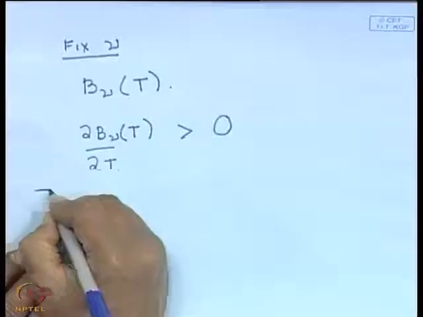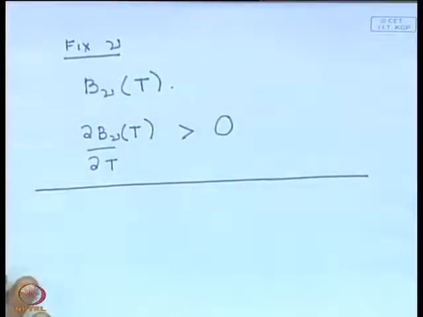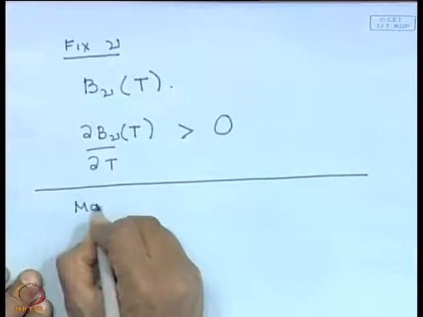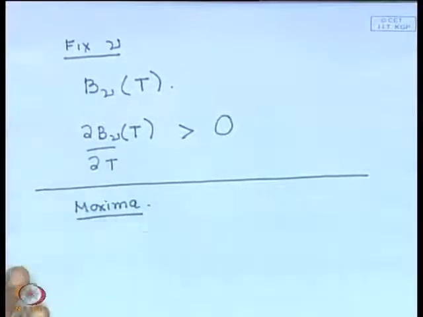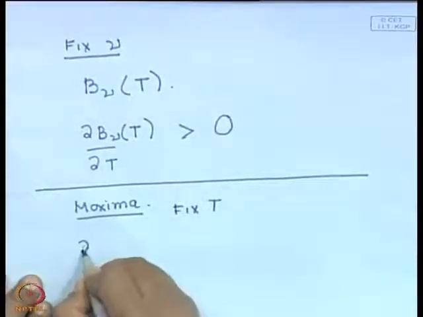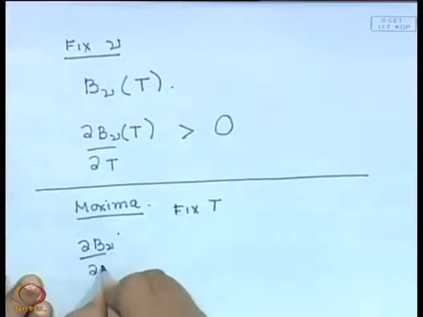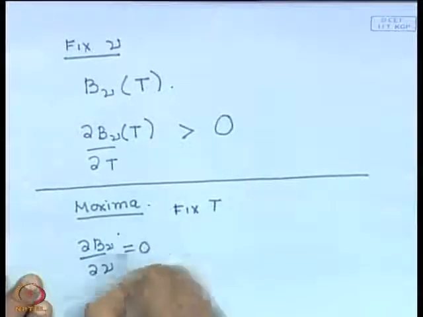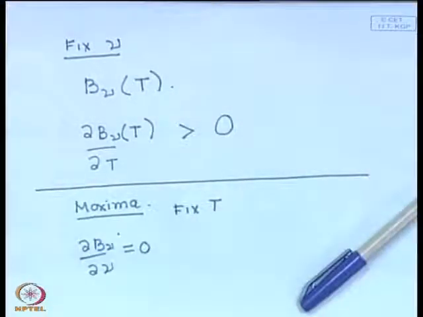Second thing is, you can determine where the maxima occurs in frequency. So, at a fixed temperature, fixed T, ask the question del B by del nu, where is this 0? This will give you the value of the maxima. Okay.